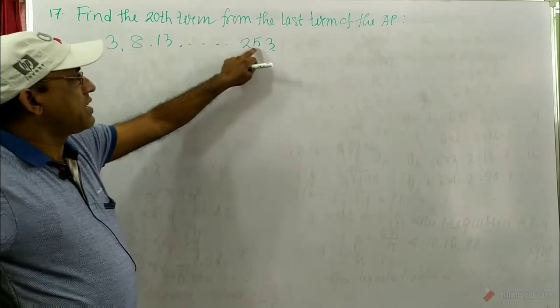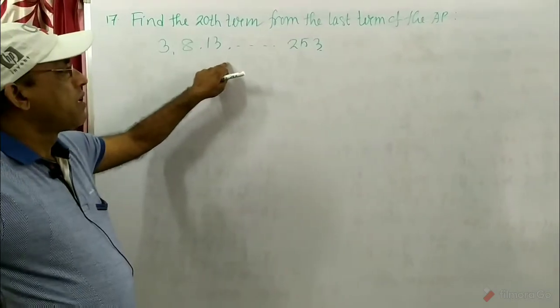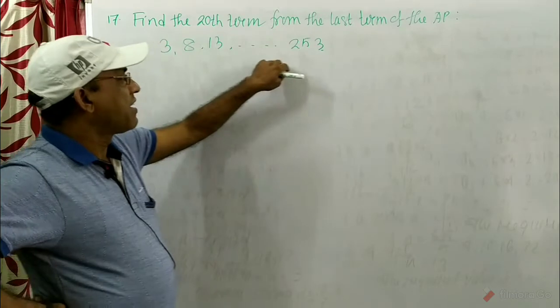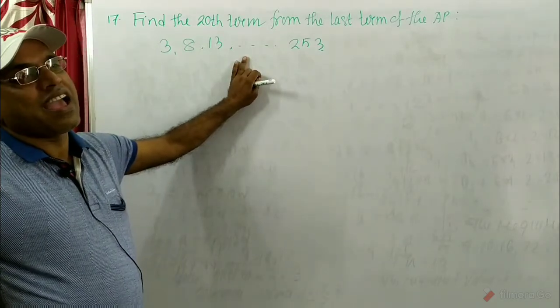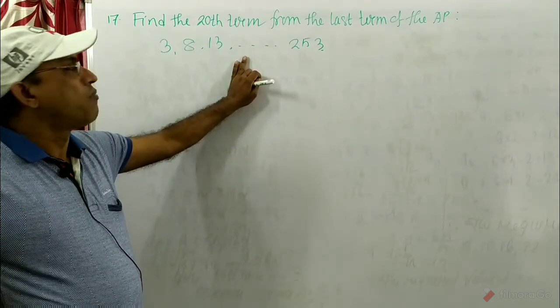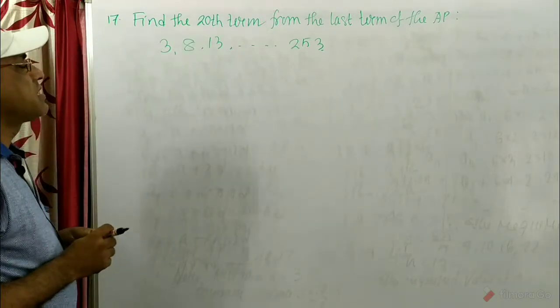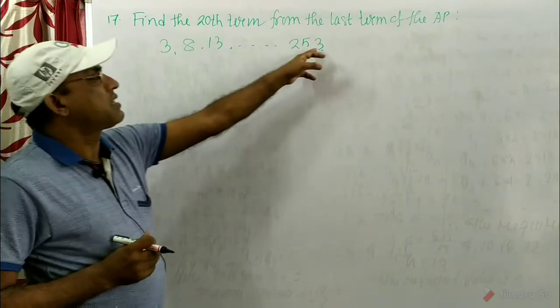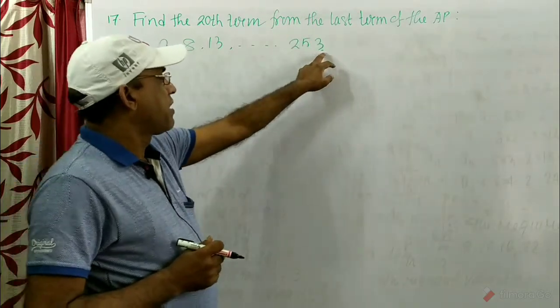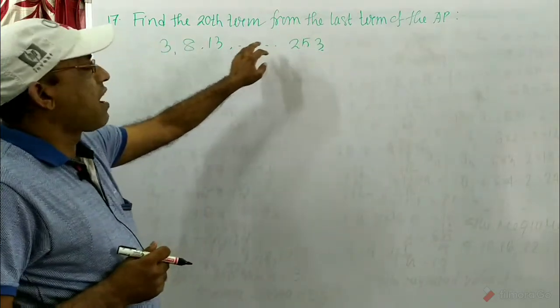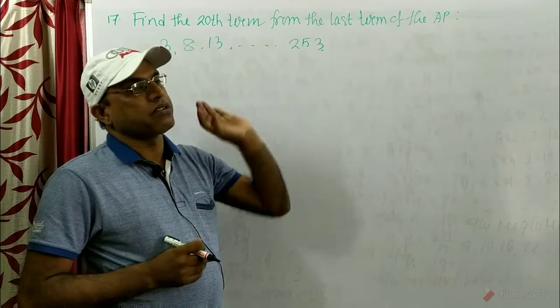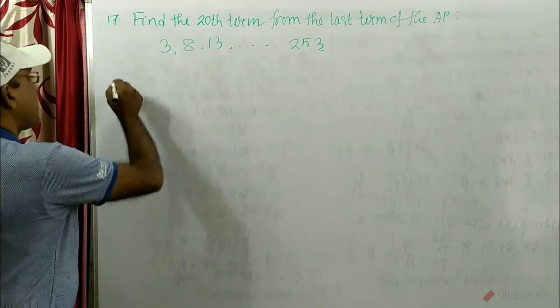If we decrease by 5, 5, 5 from the end, what is the 20th term from last? Now this is difficult to write. Suppose the number of terms is 5000 and our requirement is 100 terms, then this is difficult to write. At that time we consider the formula.